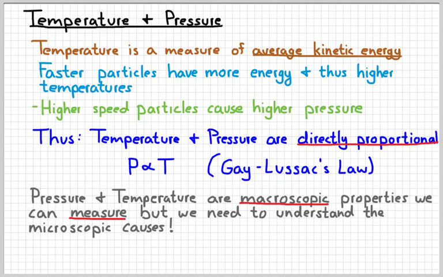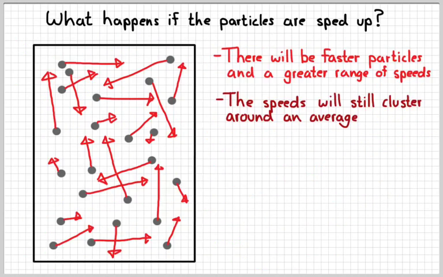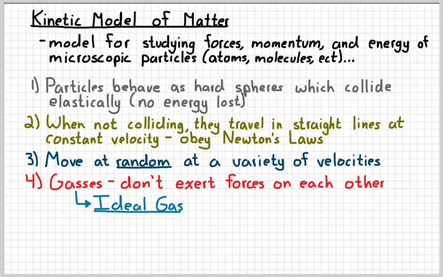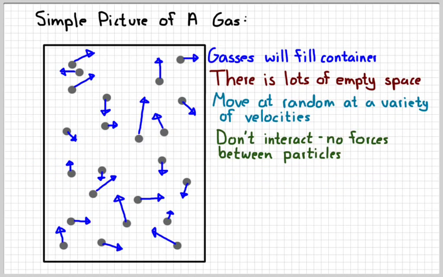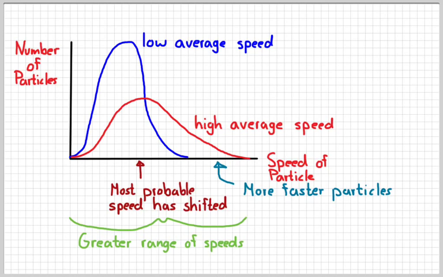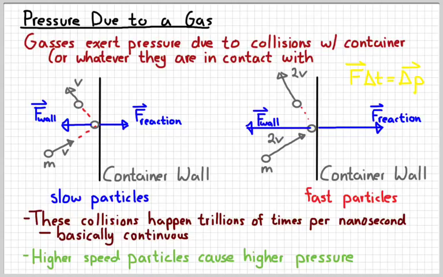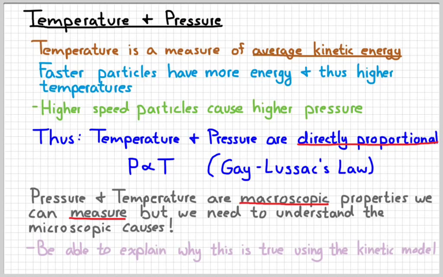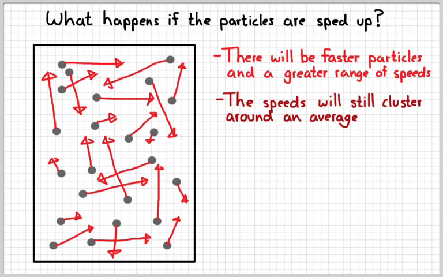And so understanding those assumptions, so those are those four assumptions, understanding the difference between a low temperature gas and a high temperature gas, understanding how the speeds are distributed, and understanding how pressure is caused by collisions with the side of the container or whatever is in it are going to be real important to understanding the relationships between pressure, temperature, and later on volume that we need to learn in order to understand how we can use all this energy to do work.